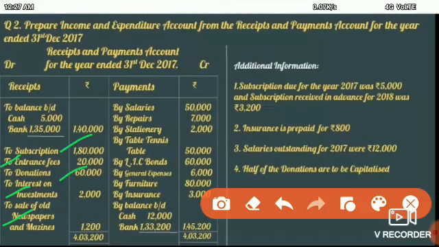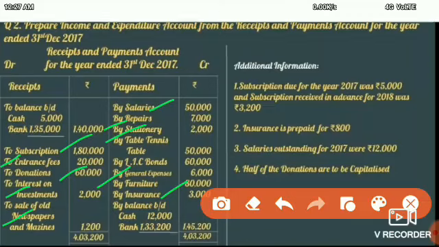Then here we have already taken salary. We will take repairs, stationery, then general expenses. Then insurance is already taken. So these are the revenue nature items, and we will present the remaining accounts in our income and expenditure account.